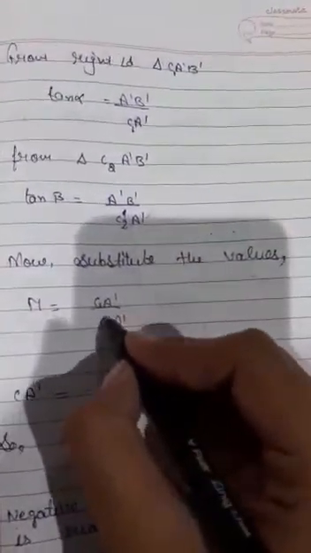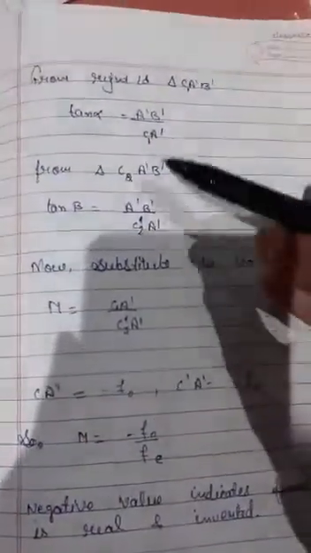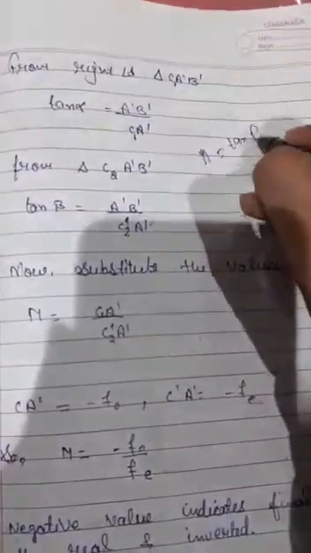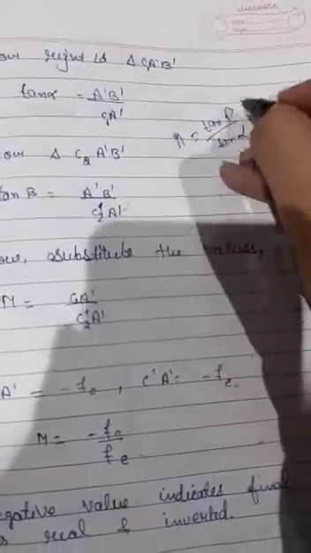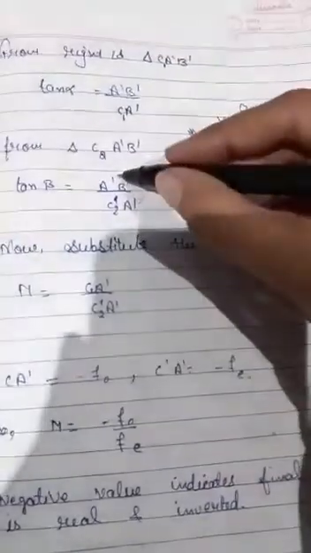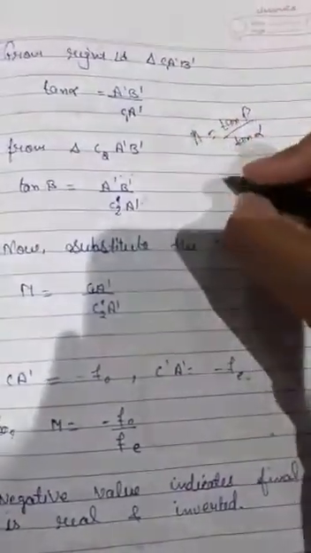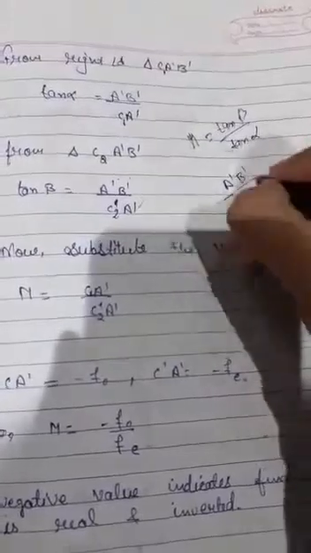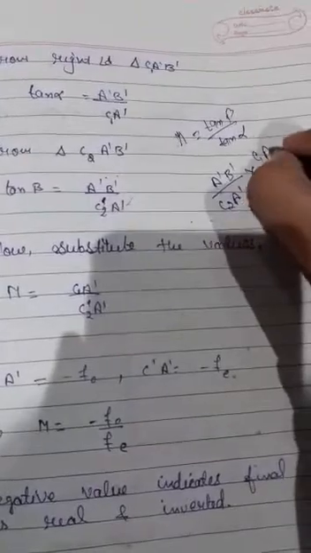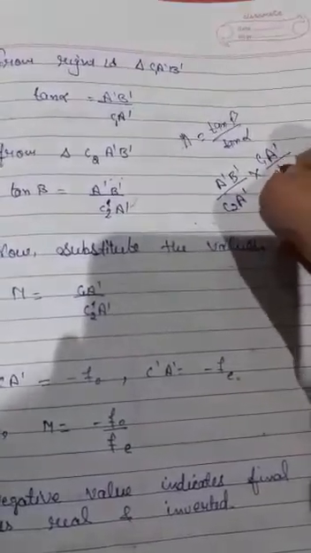Okay, so I have taken this. Now here I can write C1, here C2. Now substitute the values. As I have told you, magnifying power is equal to tan beta upon tan alpha. When you substitute, tan beta is A dash B dash upon C2 A dash, multiplied by C1 A dash upon A dash B dash.